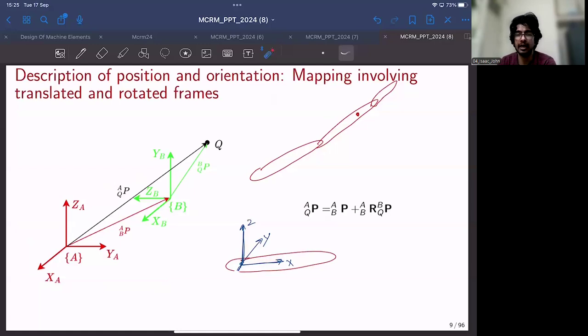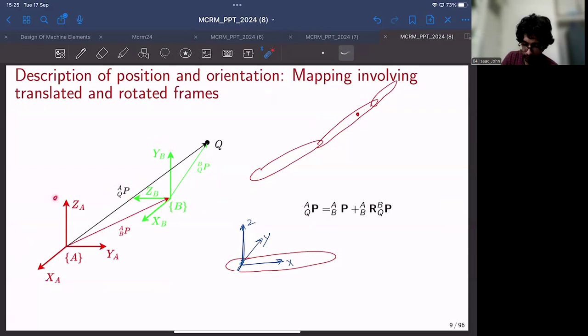And now that it is understood that representing a rigid body is much more convenient with a frame of reference, you would also need some sort of mapping to make the mapping between various frames of reference more convenient. Because you will have a frame of reference here, you will have something over here, you will have something over here. You will also have something fixed to the ground. So that is why we require a mapping between frames of reference.